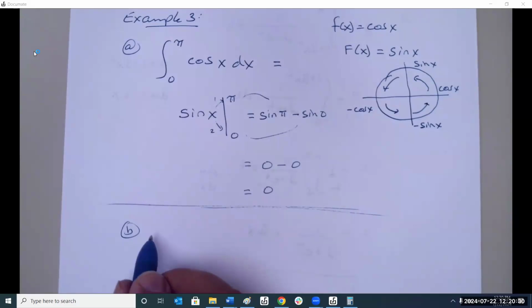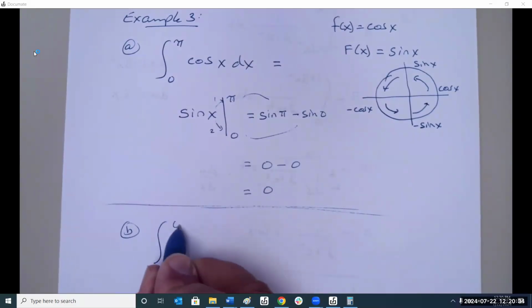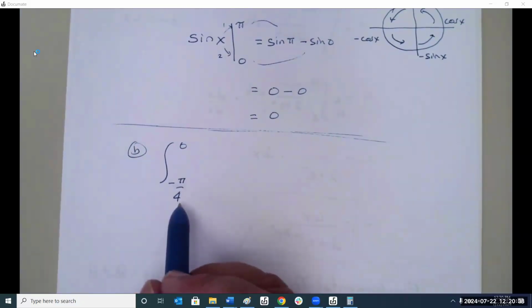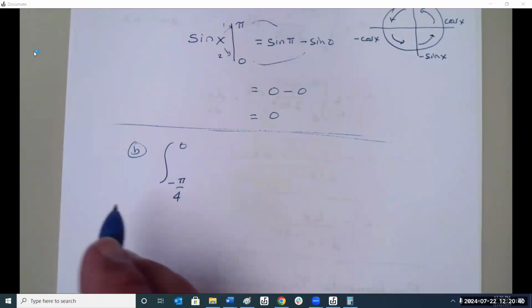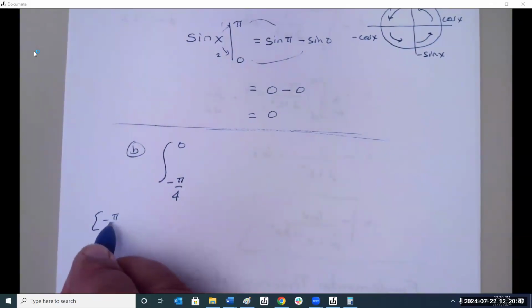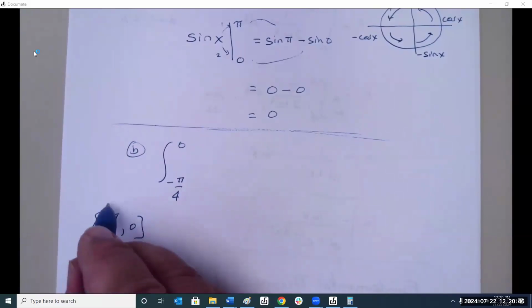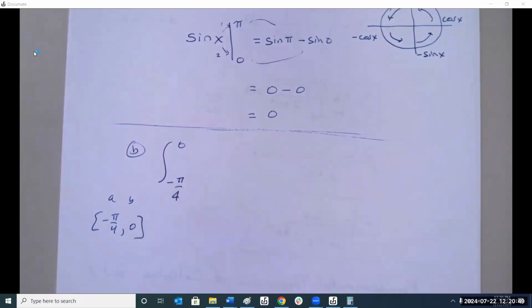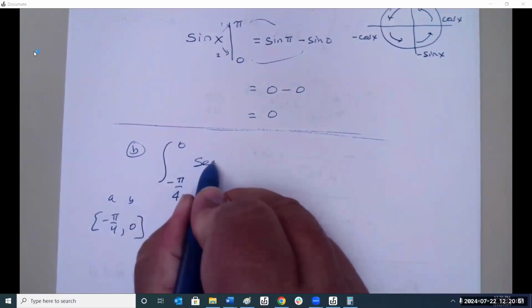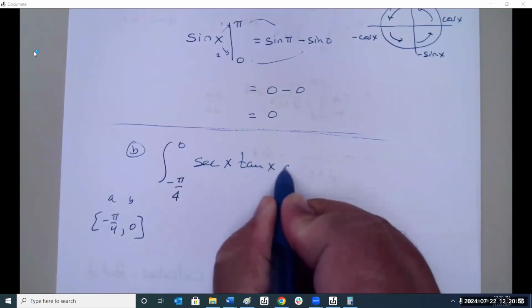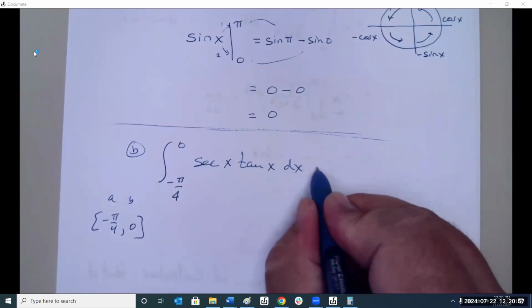The next one, negative pi over 4 to 0. Remember, these are your x values. Your closed domain is from negative pi over 4 to 0. This is a and that's b. Our function is secant x tangent x dx.